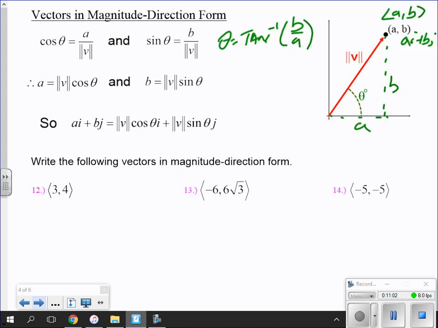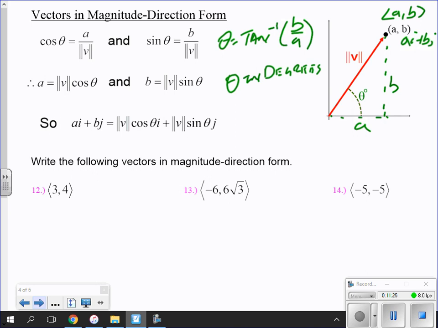So we can use sine, cosine, tangent, whatever. Tangent was what we did before. These will be in degree form, so make sure that theta is in degrees for what we are doing today.